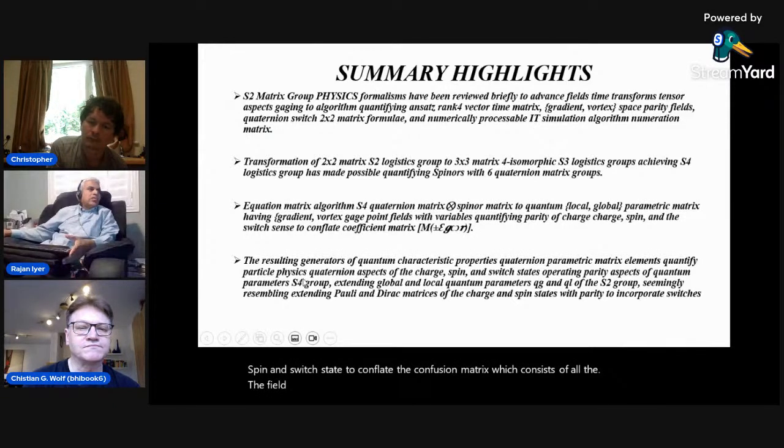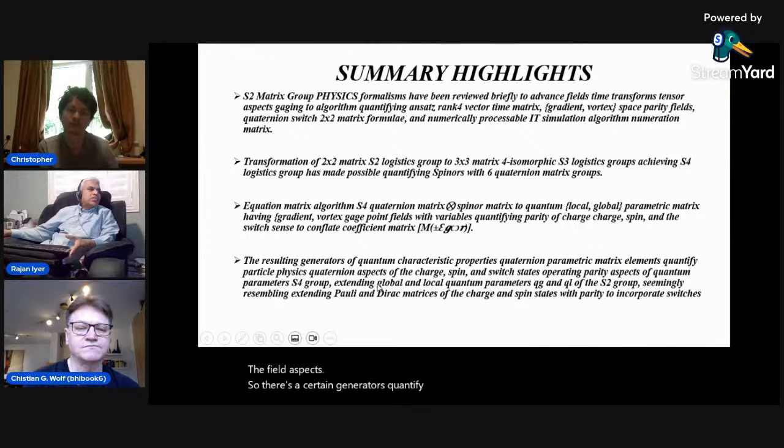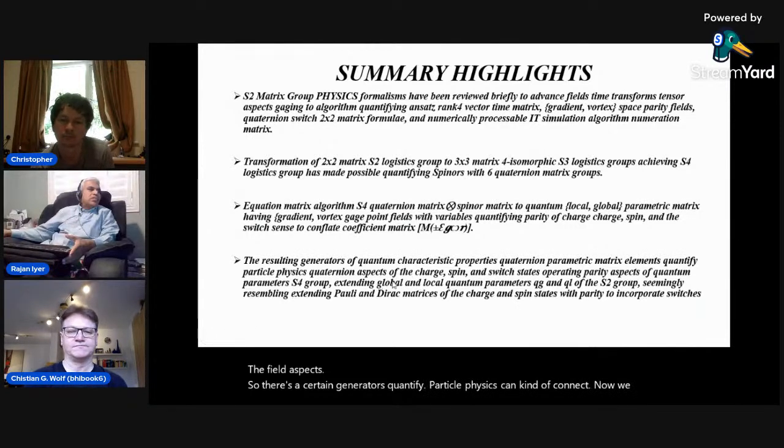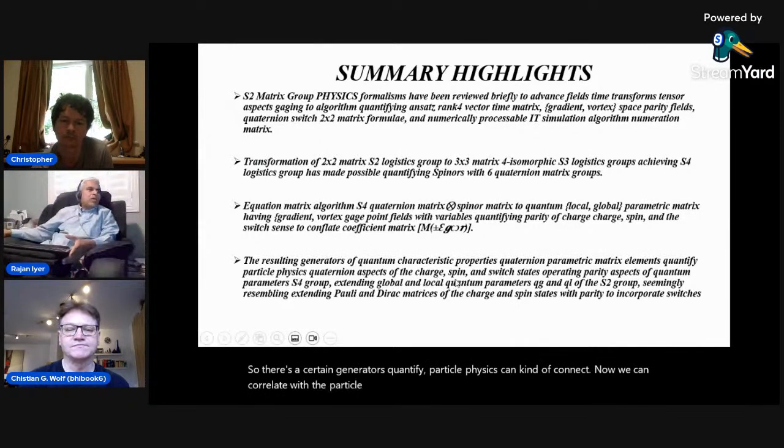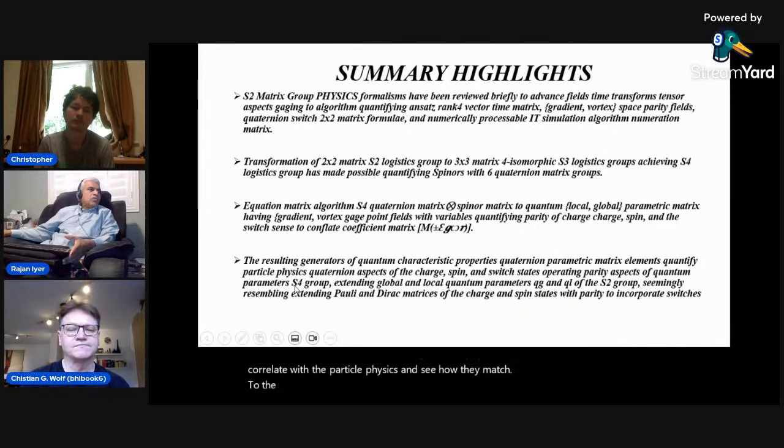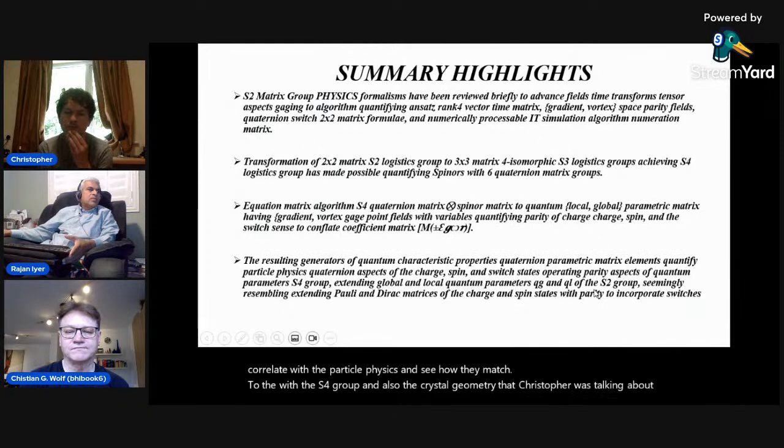Certain generators quantify particle physics, so we can connect. Now we can correlate with particle physics and see how they match with the S4 group, and also the crystal geometry that Christopher was talking about.